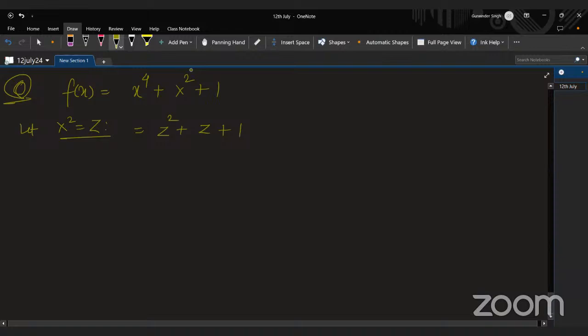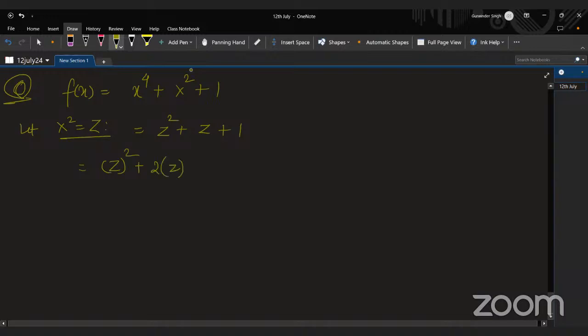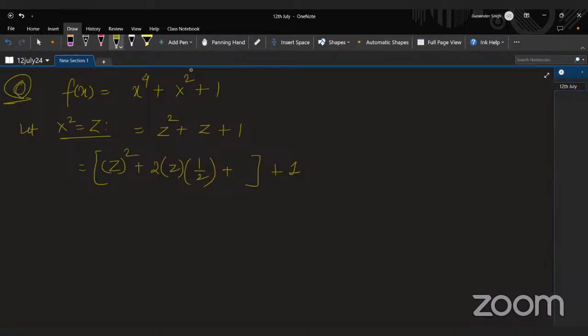Now I will try to factorize in terms of z. It can be written as z square plus 2z times half, plus 1. Now I have to complete this square. So what do I have to add here? A square plus 2ab plus b square. So b square is half, 1 by 2 whole square, that is 1 by 4.